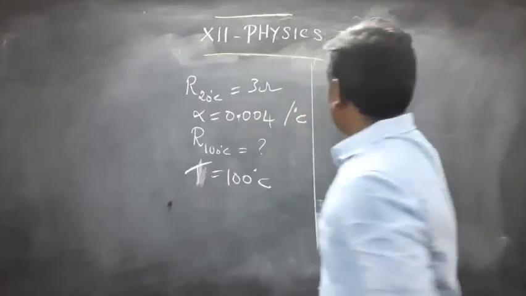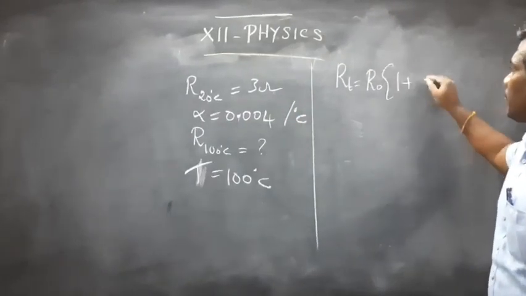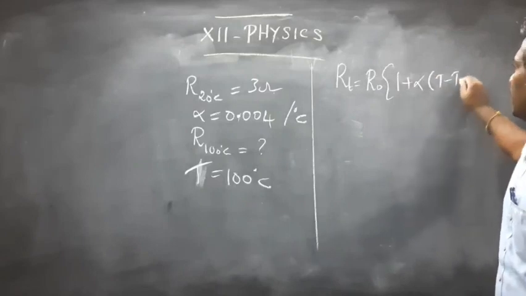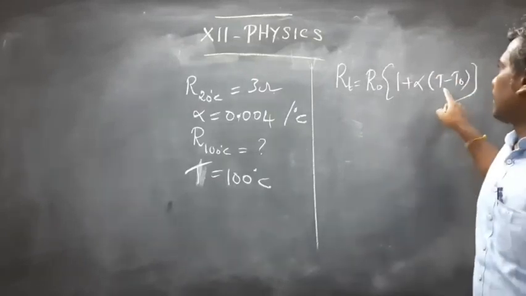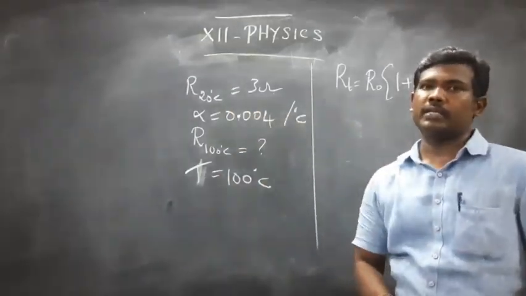RT is equal to R naught times 1 plus alpha times T minus T naught, because T is 100 degrees Celsius and T naught is 20 degrees Celsius.